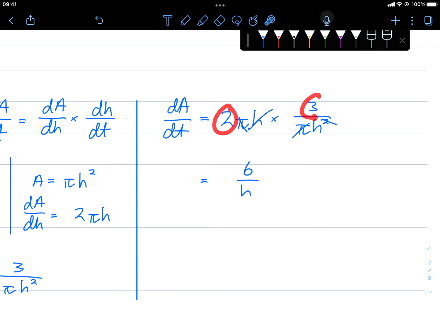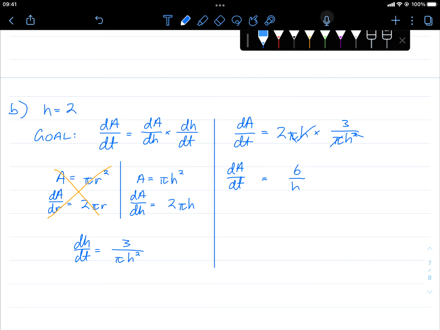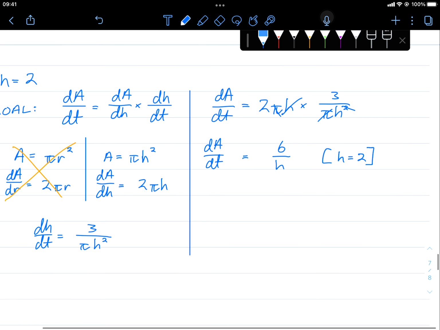That's 2 times 3 divided by that one h remaining. So dA on dt is 6 divided by h. We can find the rate of change of the area over time when h is equal to 2 by letting h equal 2. We can now say that dA on dt equals 3.